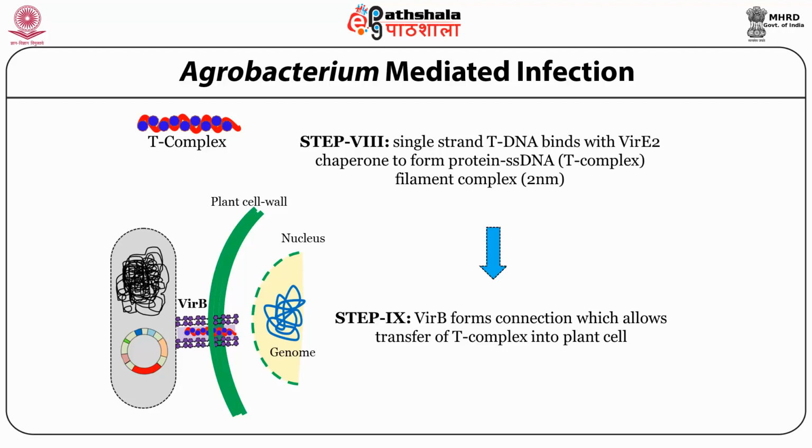But in order to do that, it requires assistance from another protein, which is the Vir-B protein. Now this Vir-B protein forms a channel which allows the transport of the tDNA complex from bacteria directly into the plant cell.